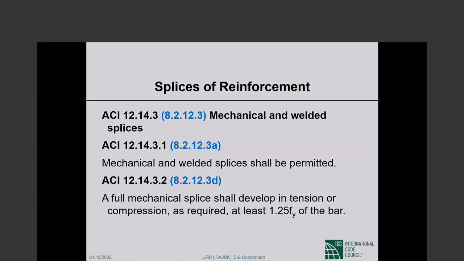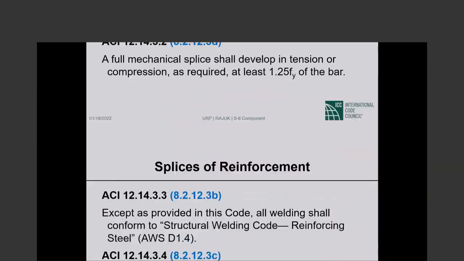It is an attractive solution provided you can afford it, and provided you have access to the bars on which mechanical splices are to be installed. So anyway, a full mechanical splice develops 125% of the yield strength of the bar.